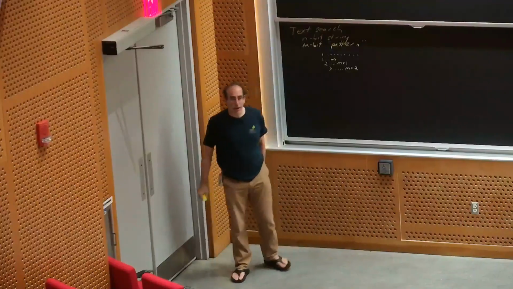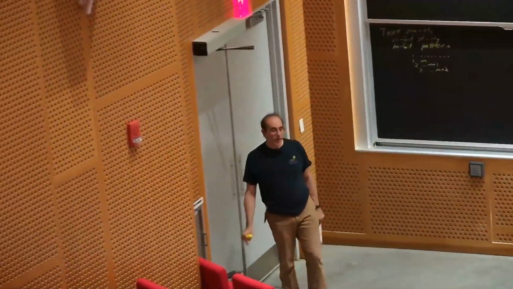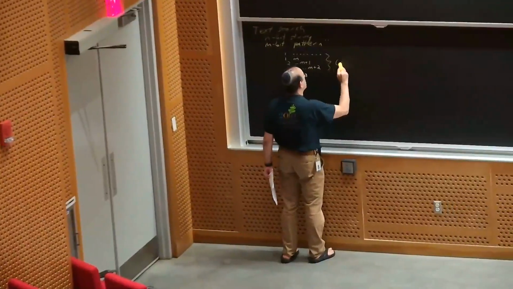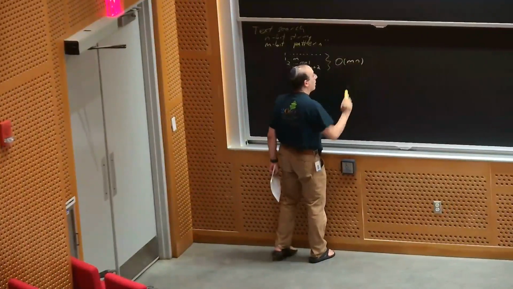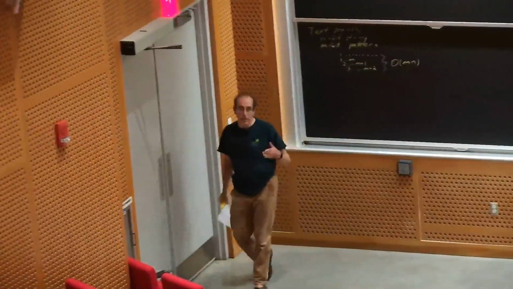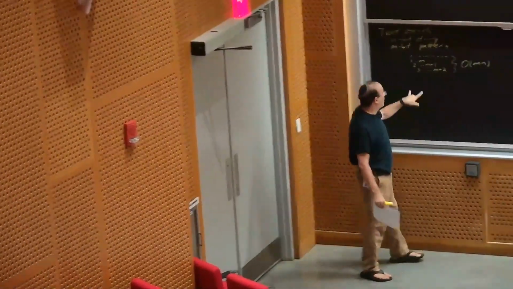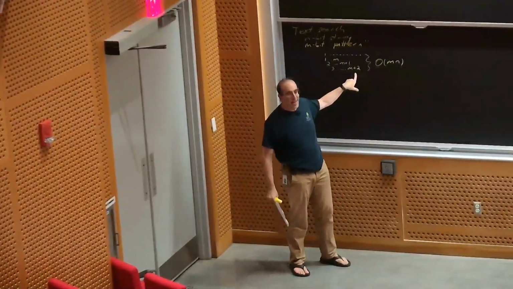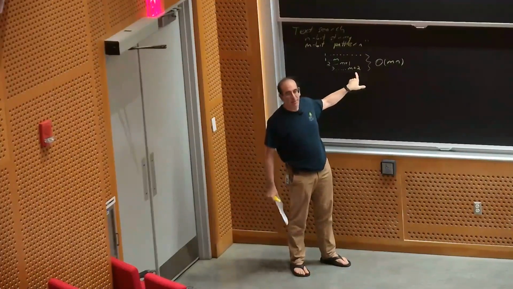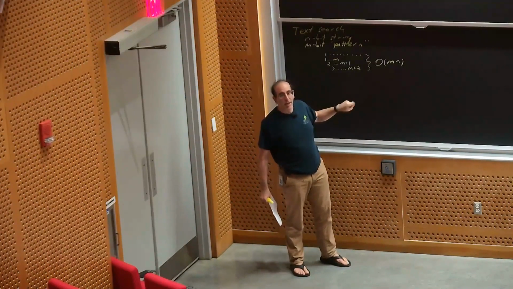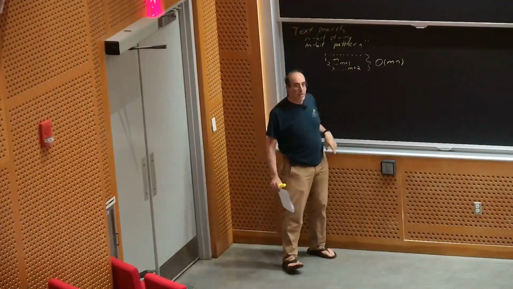You're basically checking all the substrings of length m to see which of them match your pattern. And the runtime of this is order mn in the worst case, because you're only going to find out it's not the right string at the end, so you're going to be spending m wasted time comparing to each substring, and there are n minus m substrings.